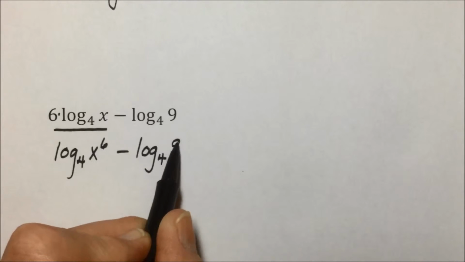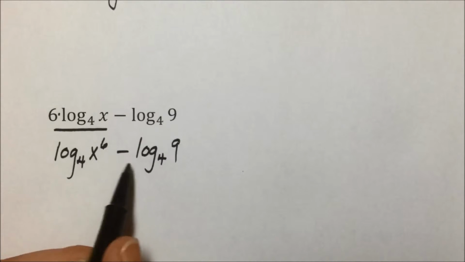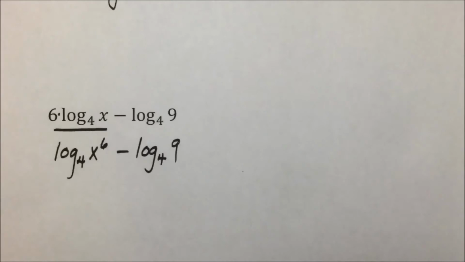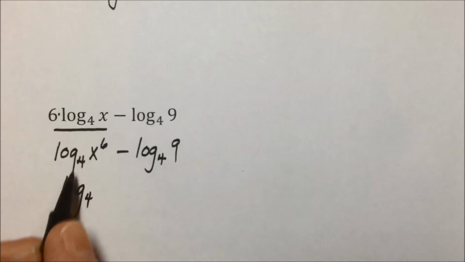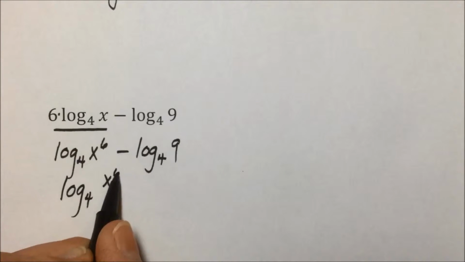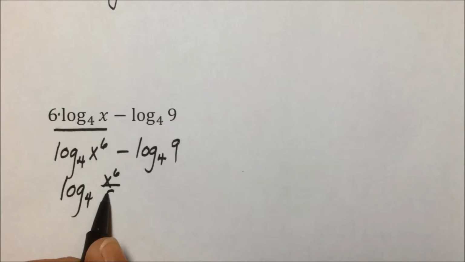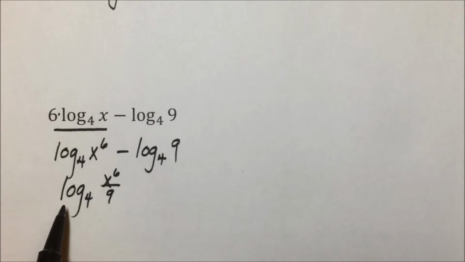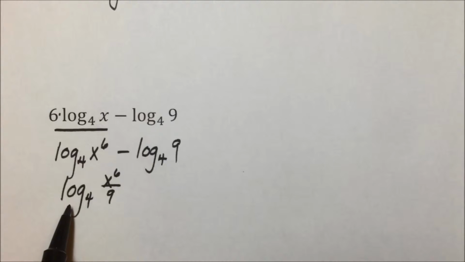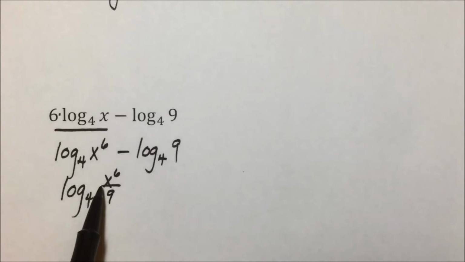Now we have common bases on our logarithms that are subtracted, and a subtraction comes from the quotient rule, which means the first term is our numerator and our denominator is the second term that's being subtracted. So an equivalent single logarithm for this expression would be log base 4 of x to the 6th divided by 9.